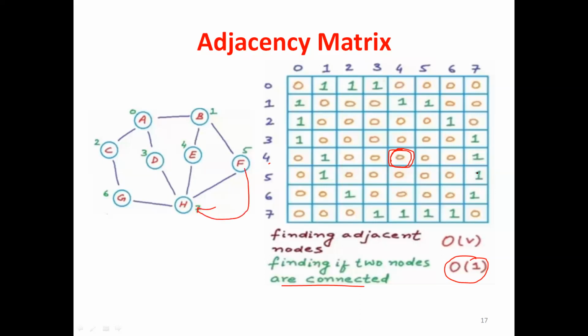Directly I check this bit. It is enabled, so it is connected. It means that it requires only constant time to find the connection between any two nodes, nothing but order of one. It can be any time like 5 seconds or 10 seconds, but generally we say it requires only constant time, order of one.